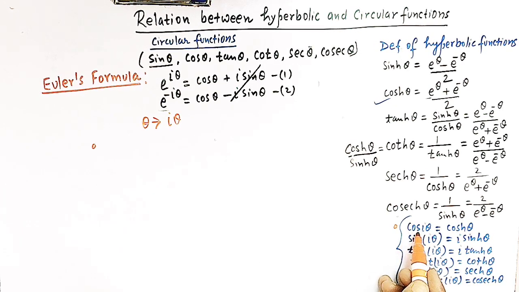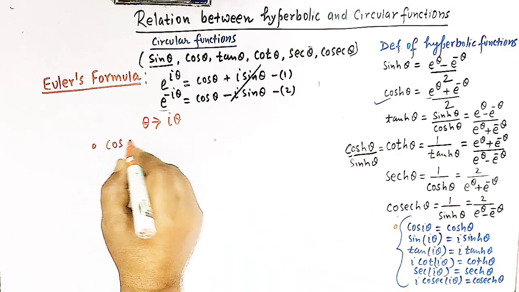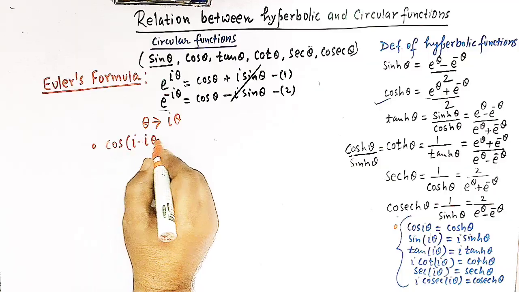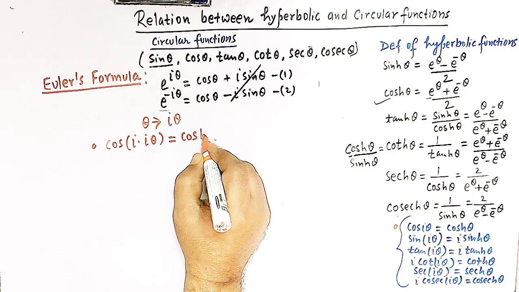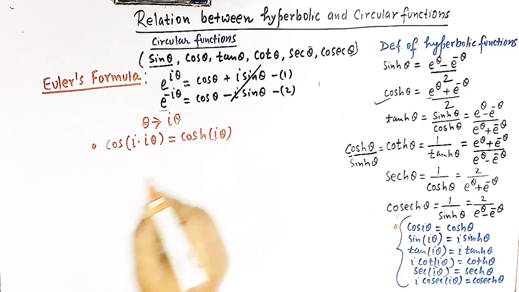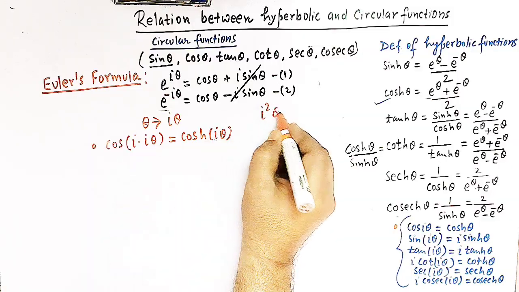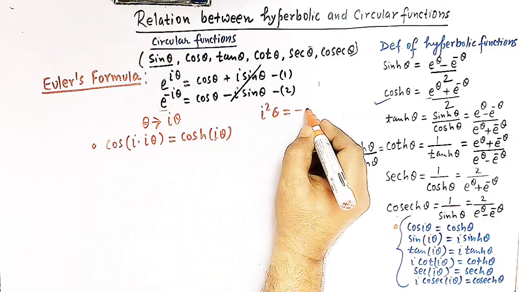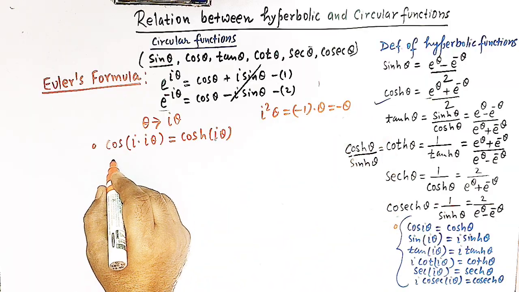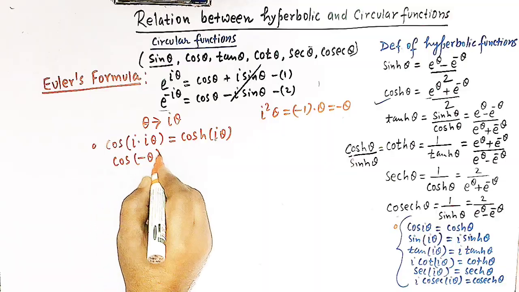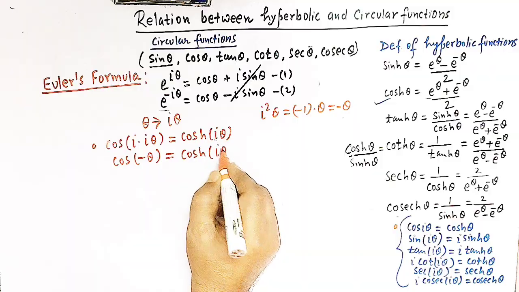So now let us take this expression, and replacing θ by iθ, we have cos(i·iθ), and here we have hyperbolic cosine of iθ. So here we have i²θ, and i²θ is minus 1 times θ, that is minus θ. So we have cosine of minus θ is equal to hyperbolic cosine of iθ.